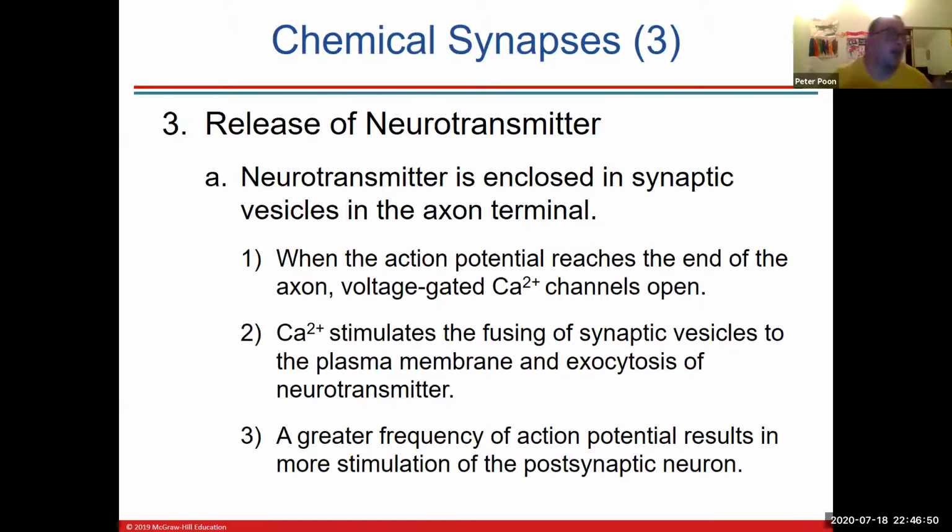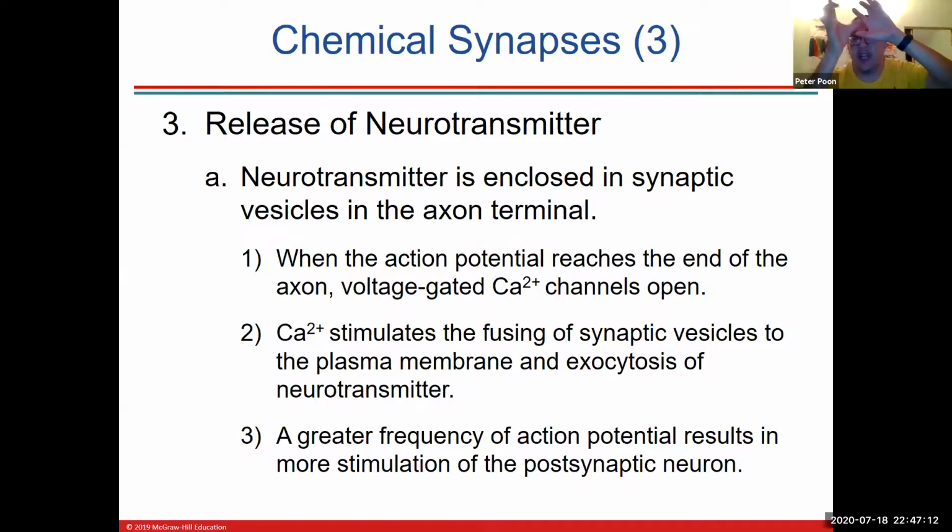The signal will travel down the axon. At the end of the axon, the terminal bouton or axon terminal, that voltage change, instead of causing another signal to fire, opens a voltage-gated calcium channel.